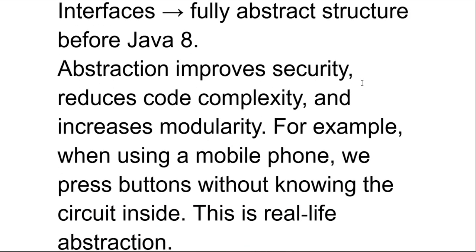Abstraction improves security, reduces code complexity and increases modularity. You may be asked what the application of abstraction in Java is. Simply, you can write that it improves security, reduces code complexity and also increases modularity.